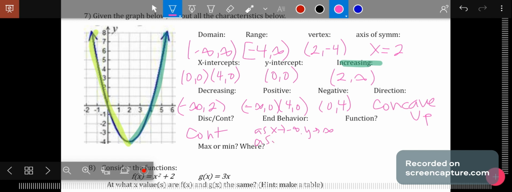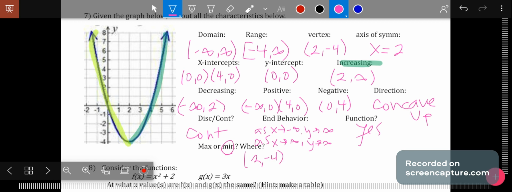As x approaches positive infinity, y is also approaching infinity. On the right side, which direction is the arrow pointing? That's up. Is this a function? Yes, it is. It passes the vertical line test. And is there a maximum or a minimum? And if so, where? Well, this is going to have a minimum, and it's going to be at the vertex, and that vertex is -4.